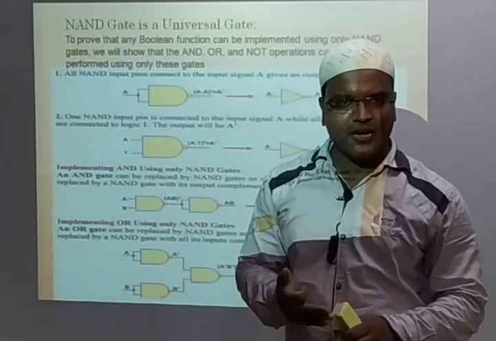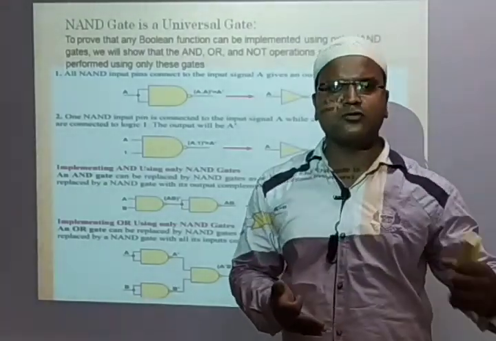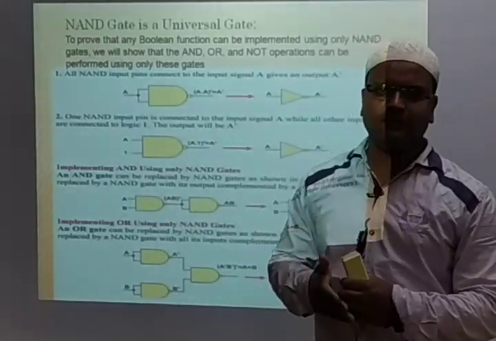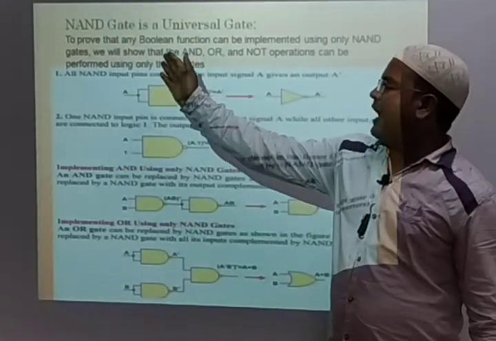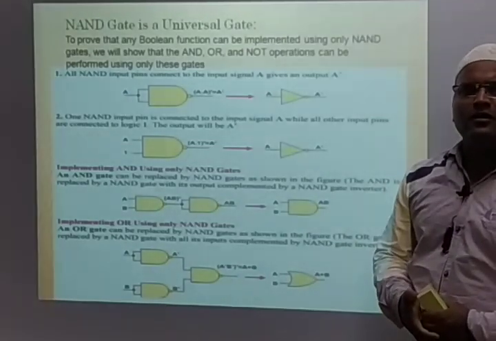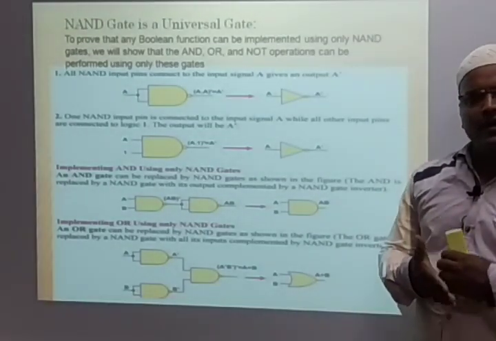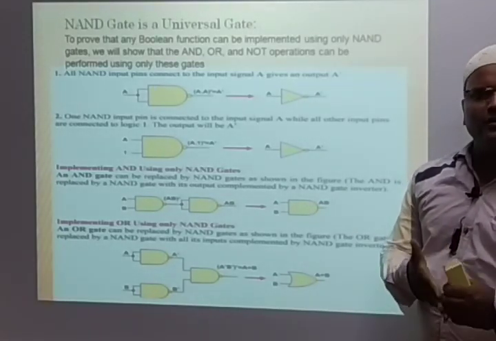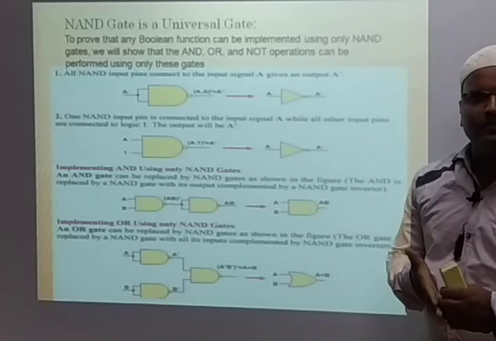How do we implement these gates using the NAND gate? That is the point I am explaining here. First, the NAND gate is a universal gate. Why do we say universal? Because these gates are widely useful in all types of designing, in every way. Some people prefer the OR gate, somebody likes the AND gate.